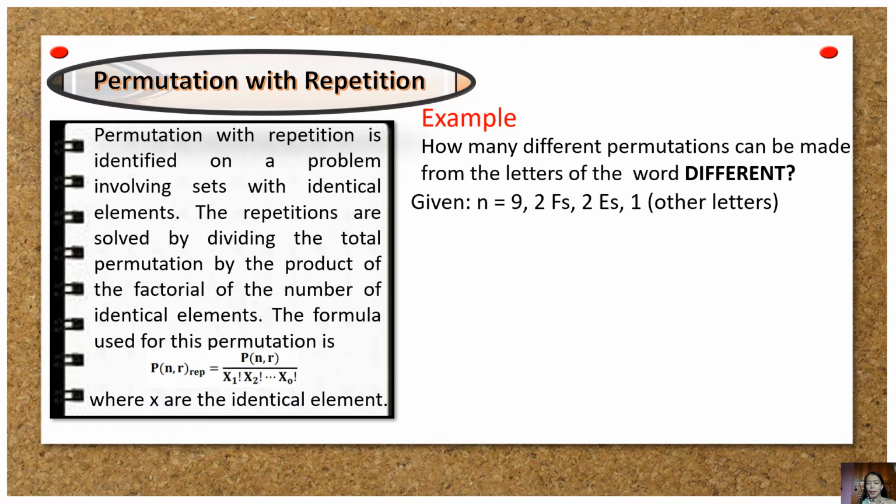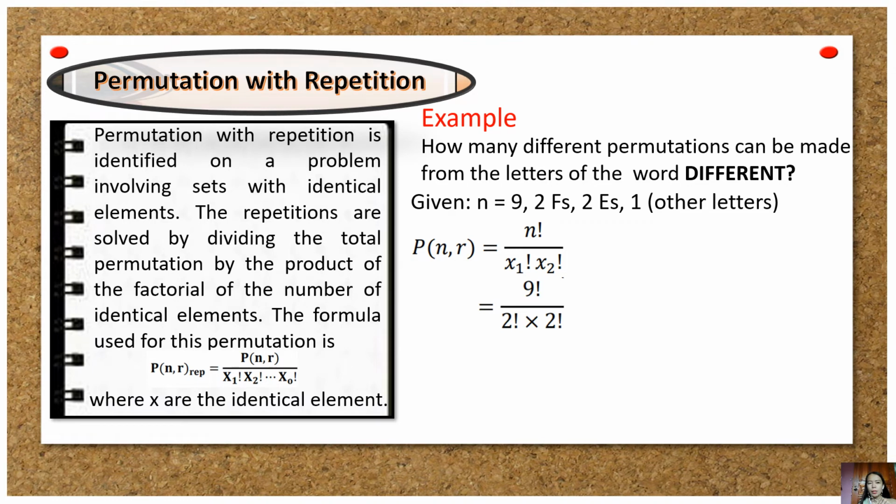Dalawa ang F, dalawa ang E, then the other remaining letters ay tig-isa lang. It is a permutation with repetition, so we have to use the permutation of n taken r equals n factorial over x sub 1 factorial times x sub 2 factorial. Since dalawa lang naman yung letter na umulit.